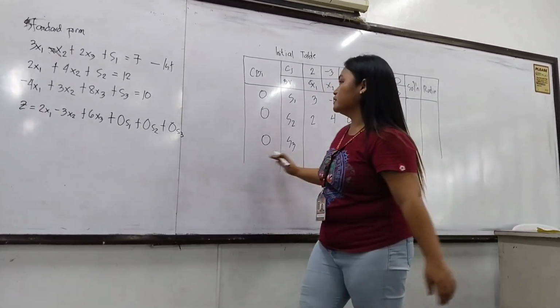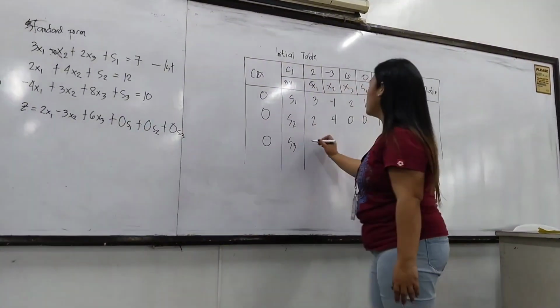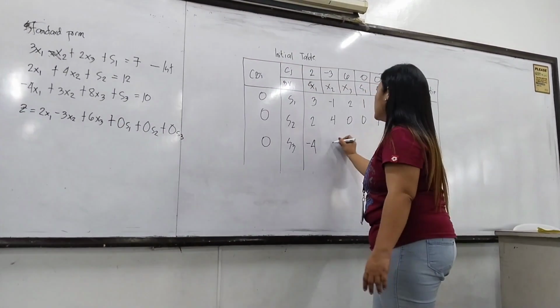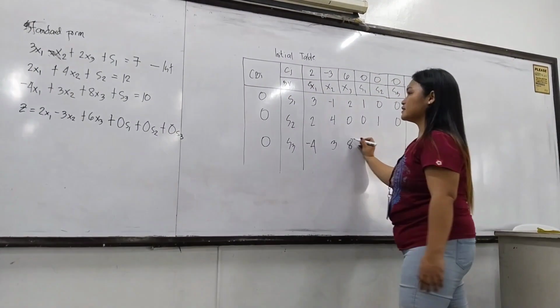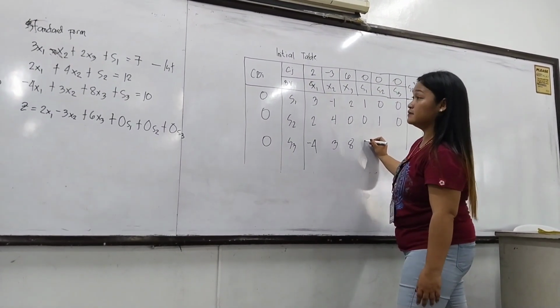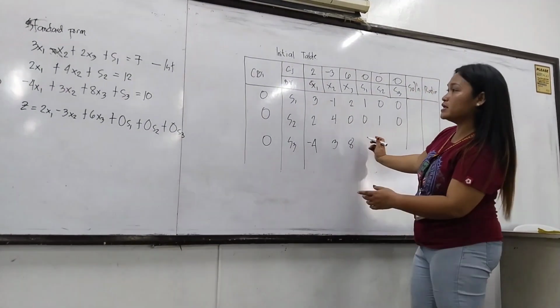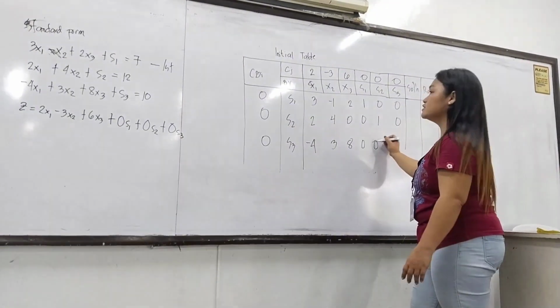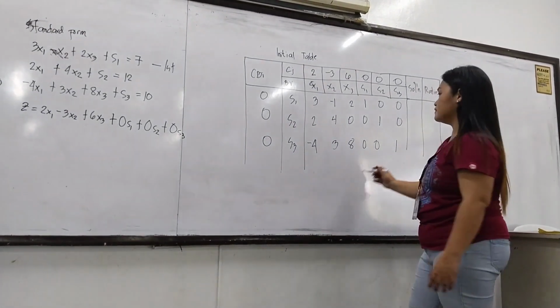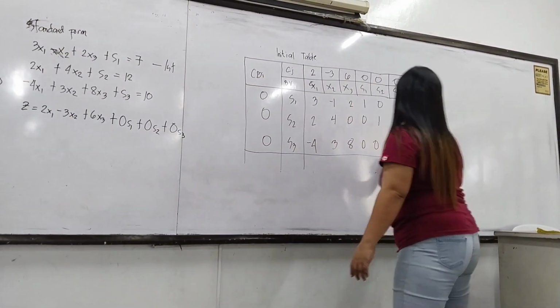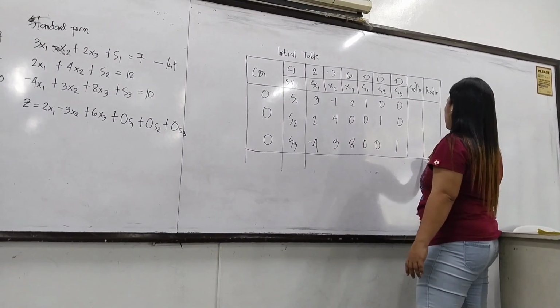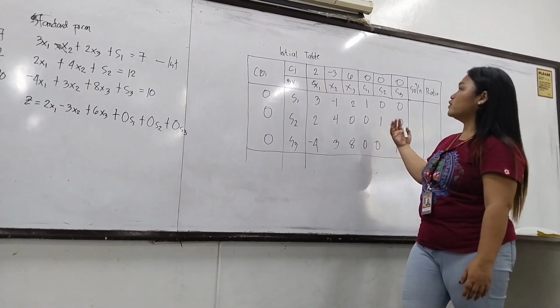Then the third, this one is negative 4, then 3, 8. s1 is 0, s2 is 0, and s3 is 1. So we already fill up all the tables.